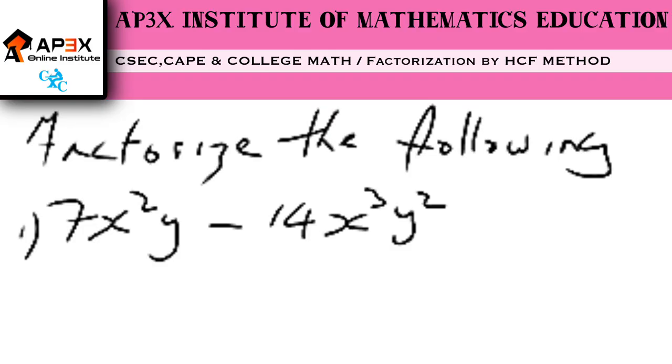So what this simply means is that I need to look for the highest common expression, and that is I am looking for the highest number that goes into 7 and into 14, which from the previous slide you'll see that the HCF here is 7. And if we look at the x's, we realize that there's two x's, one on the left and one on the right.